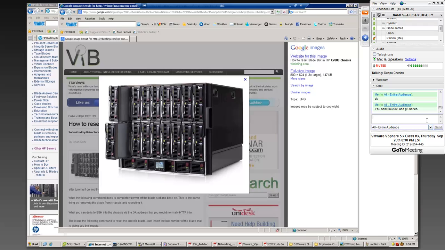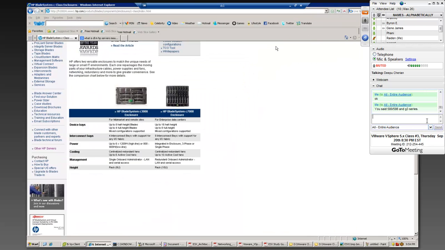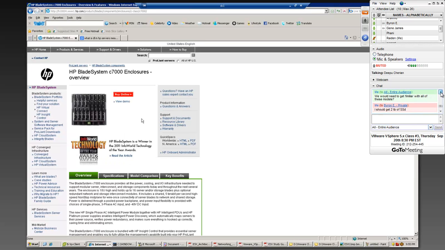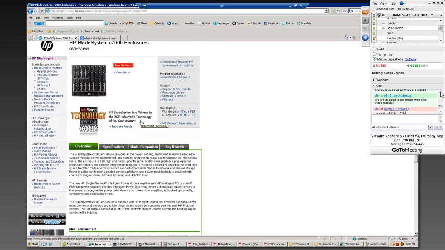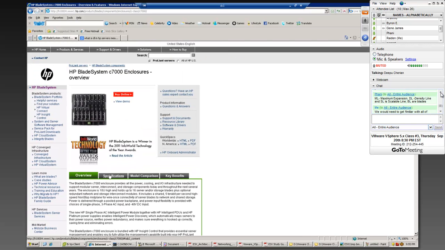So this is a chassis, and inside the chassis you can put a lot of blades. Okay, so take a look at it. HP has two types of chassis, C7000 and C3000. The C3000 is, I don't know, maybe small companies may be using it, so I don't think you need to worry about it. You just tell them you're familiar with HP's C7000 chassis.